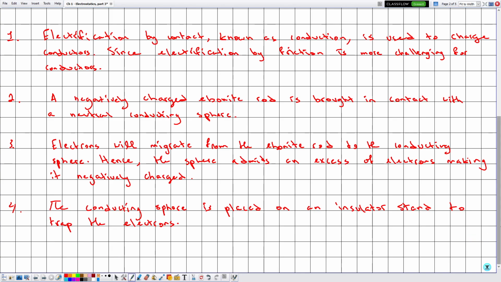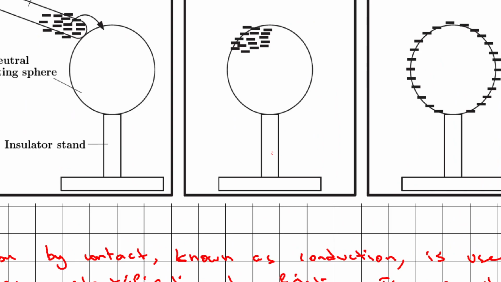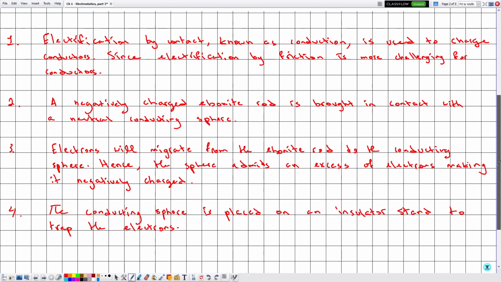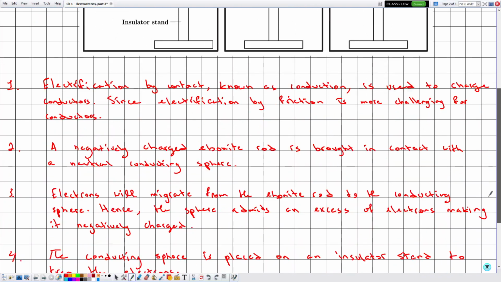This is very important here. This clarifies the role of the insulator stand. Otherwise the electrons are going to escape and we won't be able to form this state, which is the static state.